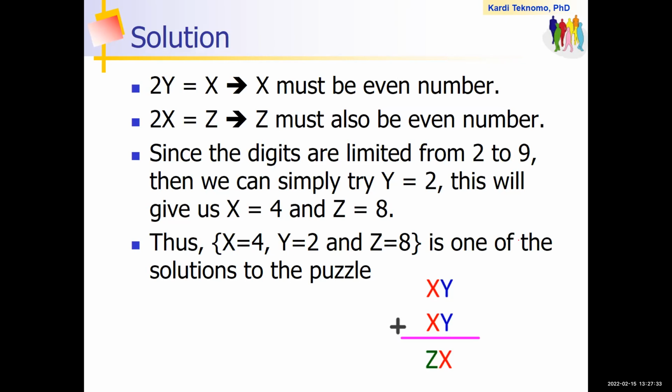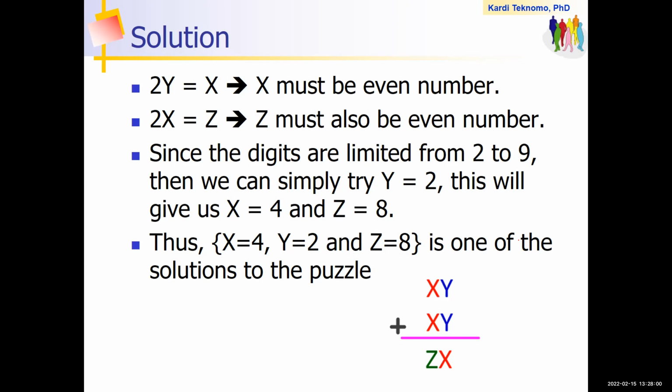We know that y plus y equals x and x plus x equals z, isn't it? So that means 2x equals z, 2y equals x. That means x must be an even number. Similarly, z must be an even number, right? Because the digits are limited from 2 to 9, you can just try.